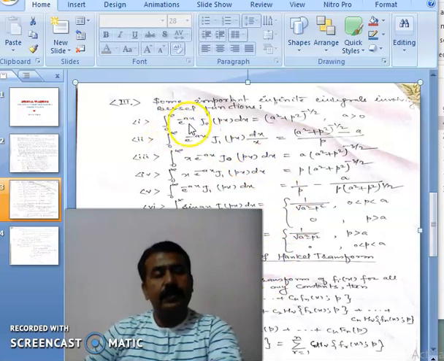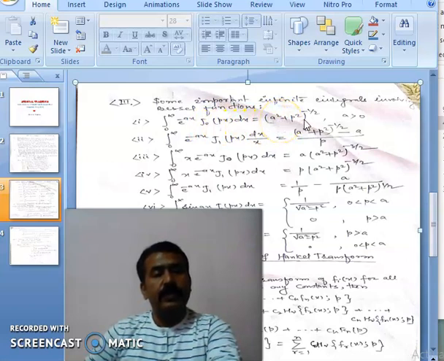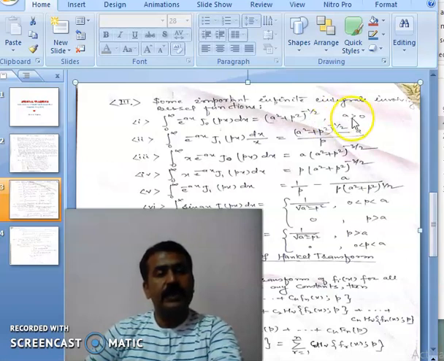So the integral from 0 to infinity of e to the power minus ax J_0(px) dx equals (a squared plus p squared) to the power minus half, where a is greater than 0. Now second is the integral from 0 to infinity of e to the power minus ax J_1(px) dx divided by x equals (a squared plus p squared) to the power minus half divided by p, minus a also.